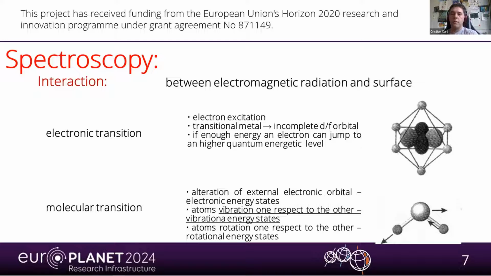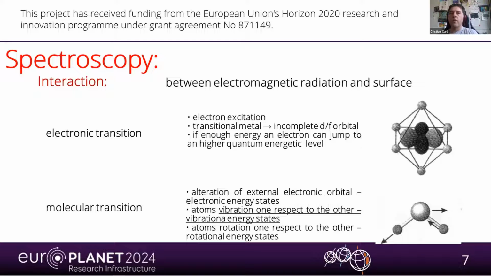One is electronic transition, generally related to the presence of transition metals that have an incomplete orbital in the structure, and this permits, if there is enough energy, a jump of an electron to a higher quantum energetic level. We will see later what this means.